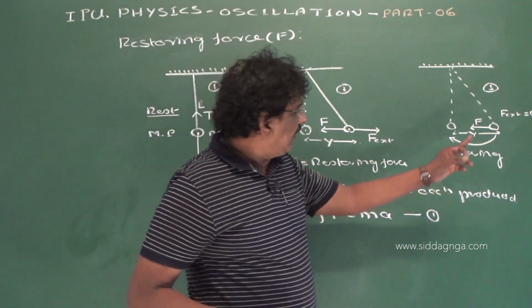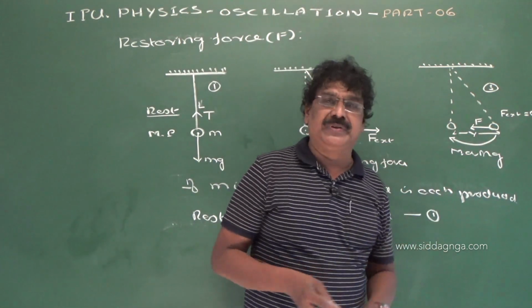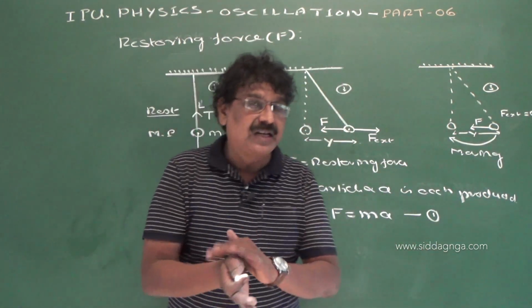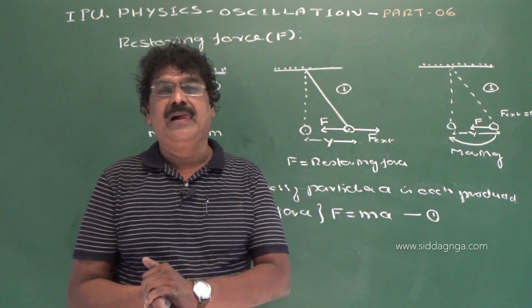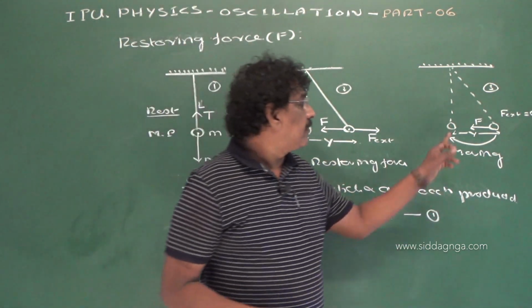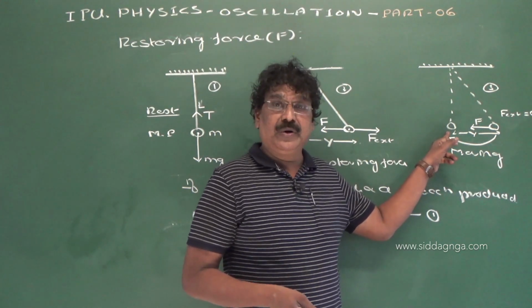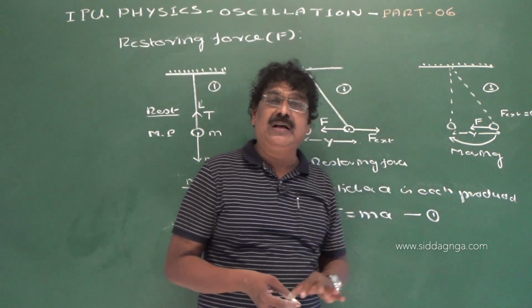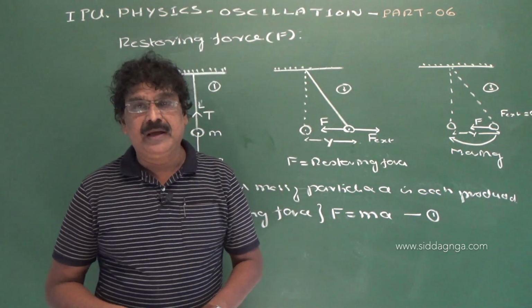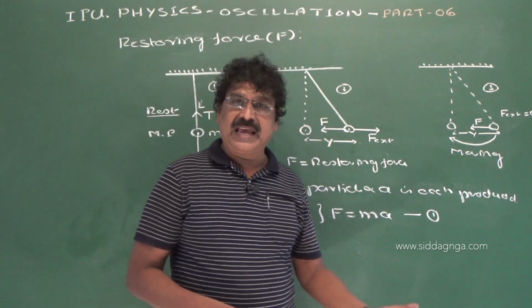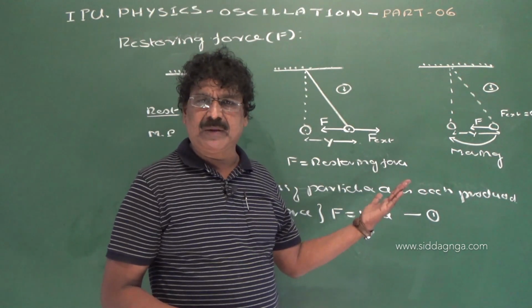Now when the particle comes to the mean position, it will not stop there, because it has some momentum. Due to that momentum it overshoots the mean position, but it will not stay in any other position away from the mean position.